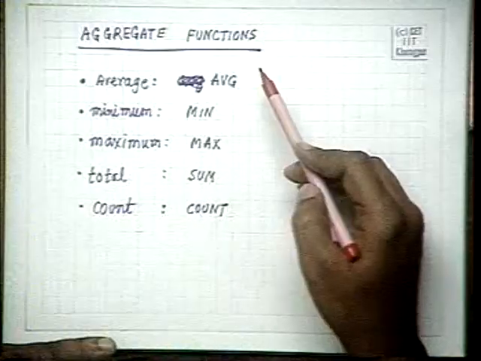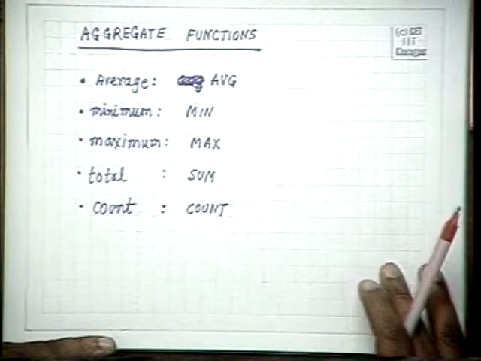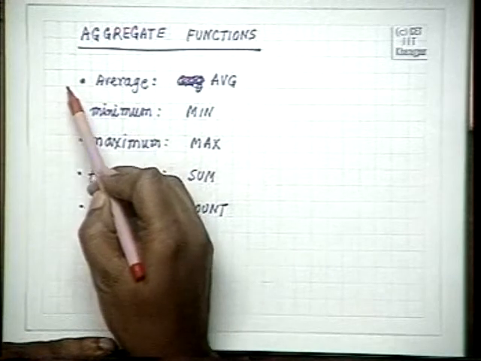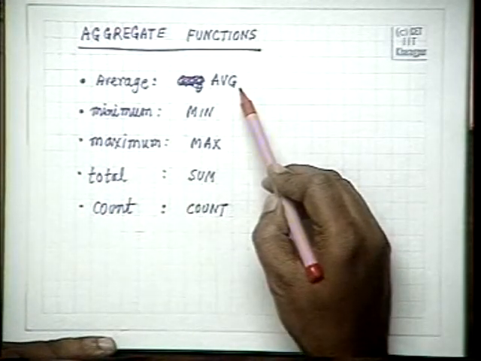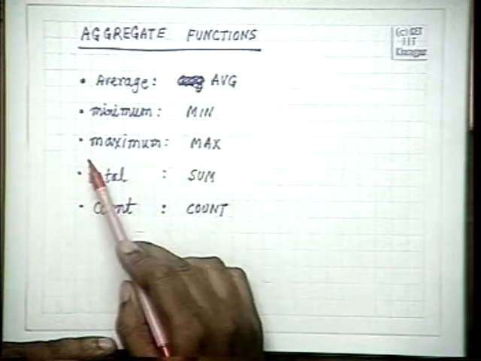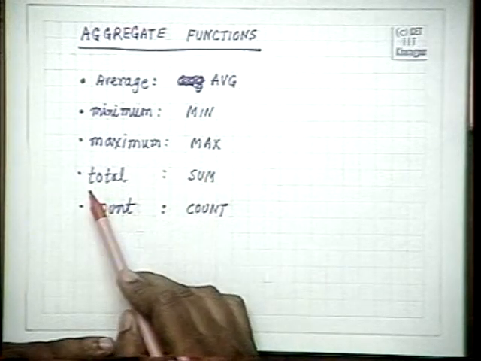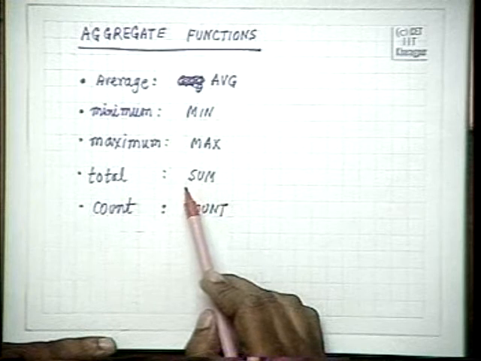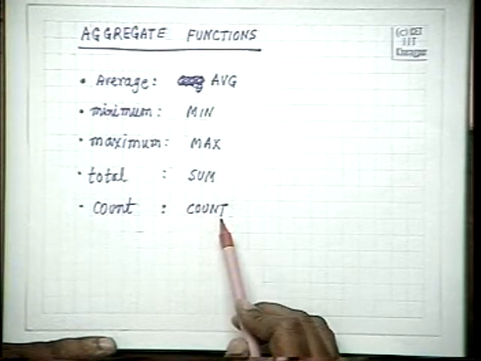And SQL provides you a number of such aggregating functions: the average function, denoted by AVG, the minimum function, denoted by MIN, the maximum function, denoted by MAX, the total function, denoted by SUM, and the count function, denoted by COUNT.